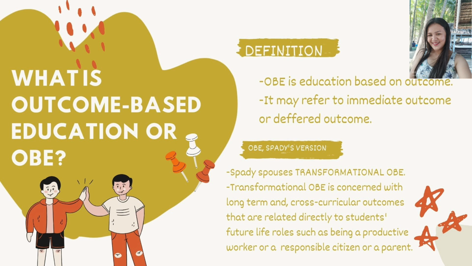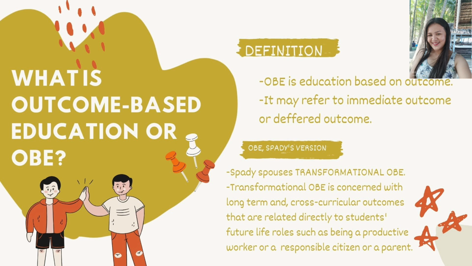On the other hand, as cited by Navarro 2019, deferred outcomes refer to the ability to apply cognitive, psychomotor, and affective skills and competencies in the various aspects of the professional and workplace practice. Examples are success in professional practice or occupation as evidence of skill and career planning, health and wellness, and continuing education. Navarro's explanation of outcomes is synonymous with OBE Spady's version.